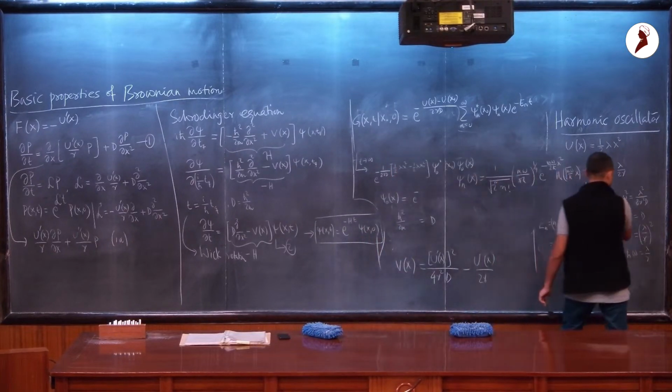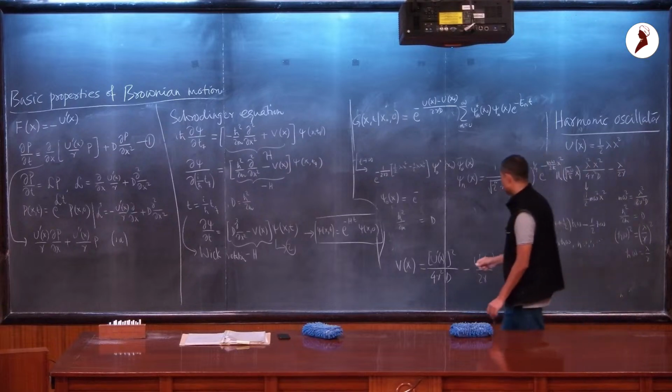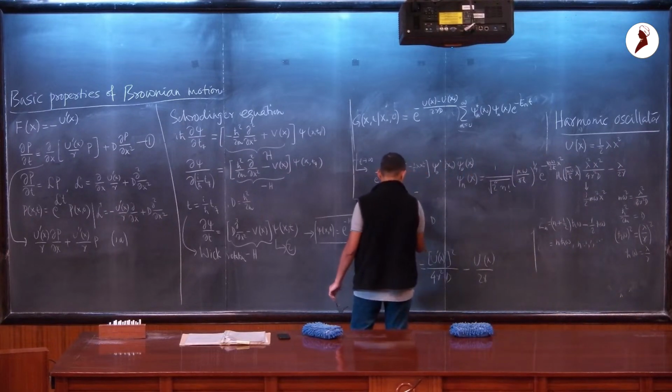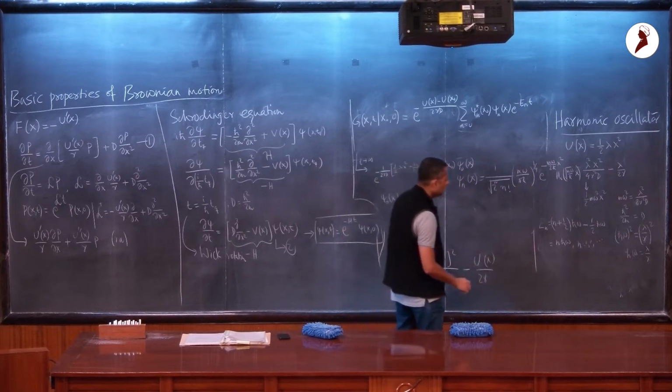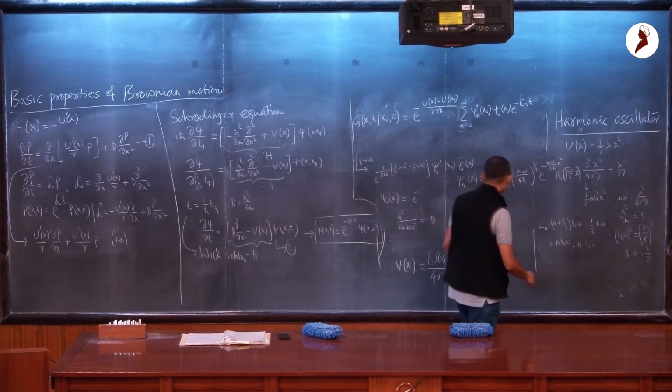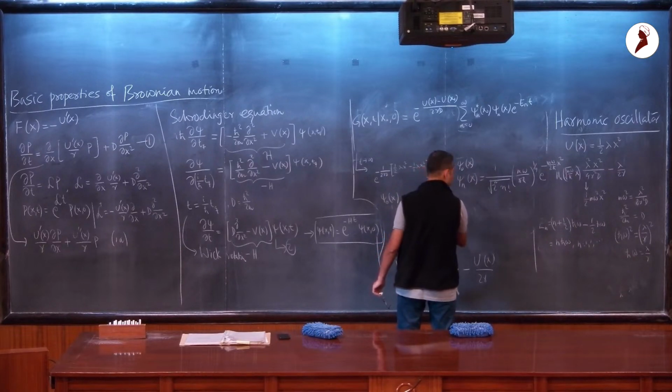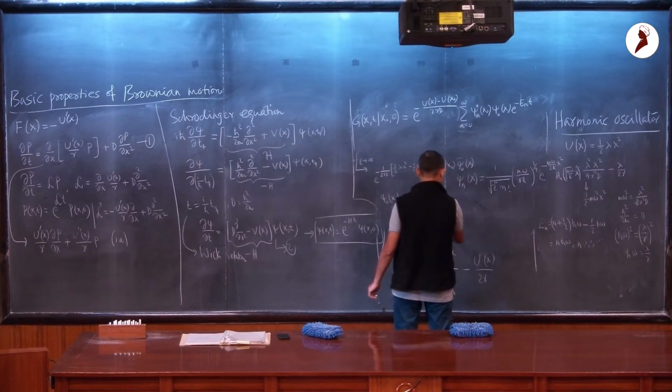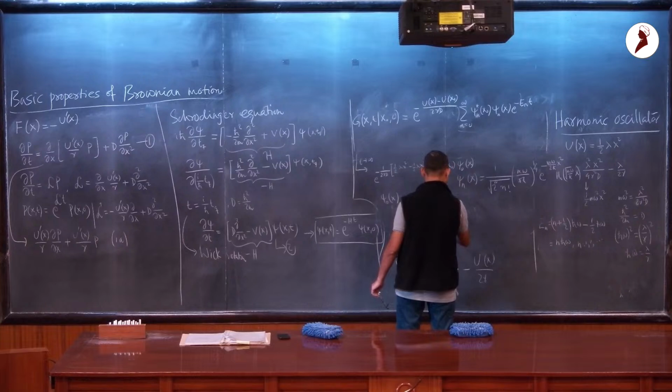Then I am going to divide by mω² here, and this I am going to divide. If I divide, 2γ² D goes with λ² here.